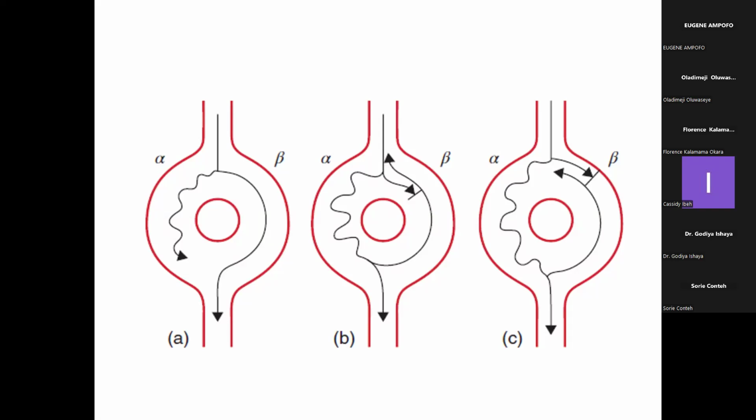Why did I say that? You cannot have a tachycardia without the circuit being complete. Number two, the tissue that combines them must have a connection.